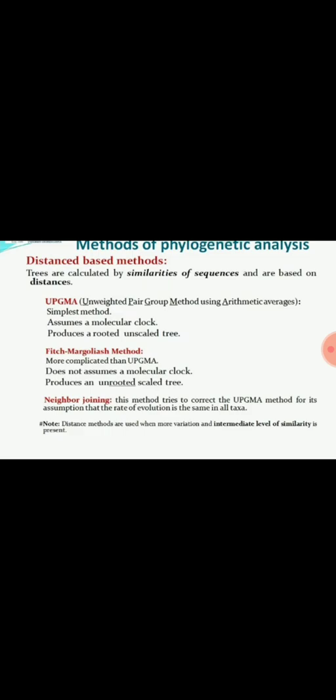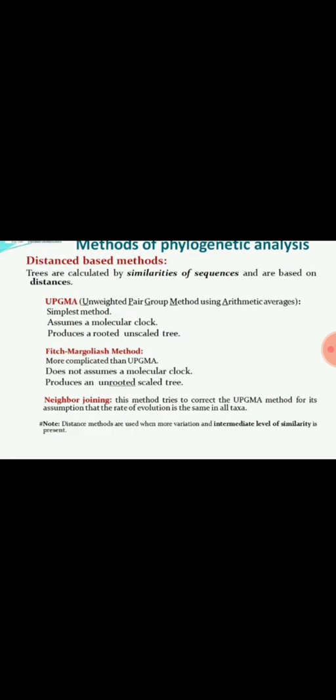It produces an unrooted scaled tree. Neighbor joining tries to correct the UPGMA assumption that the rate of evolution is the same in all the taxa.